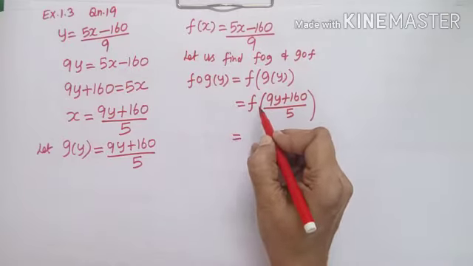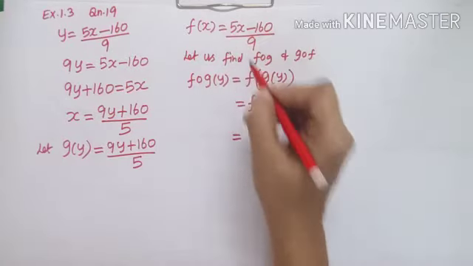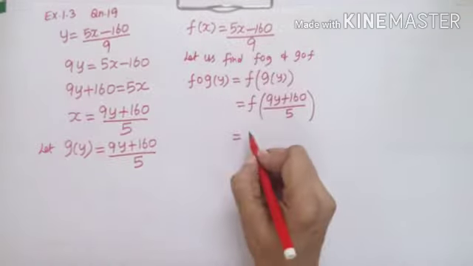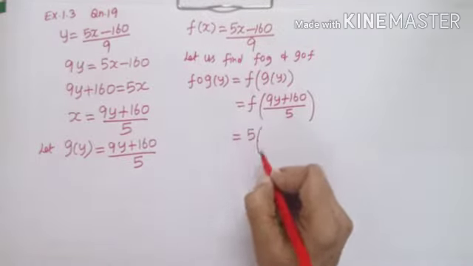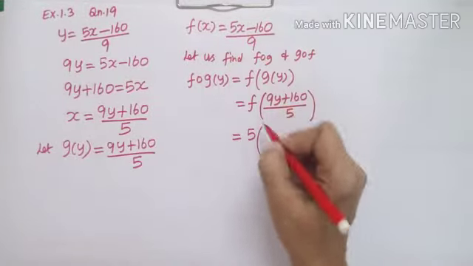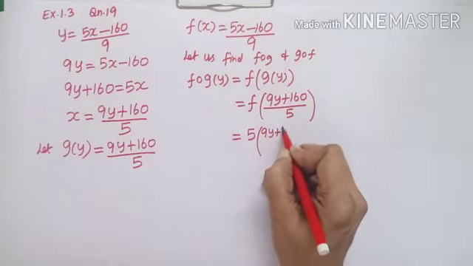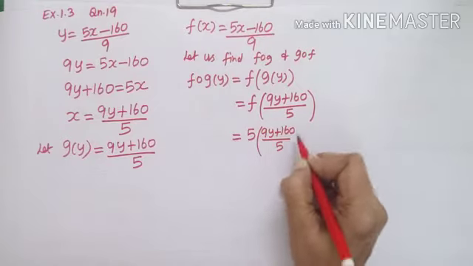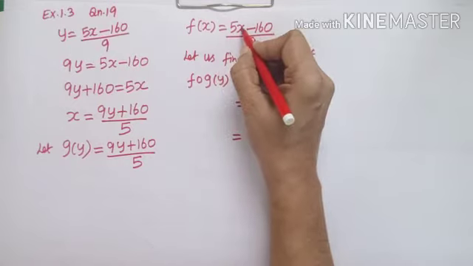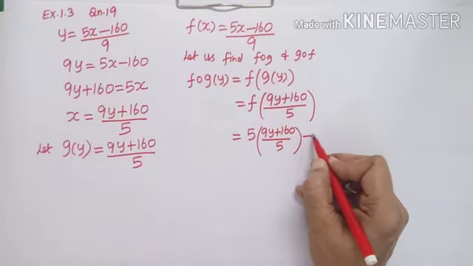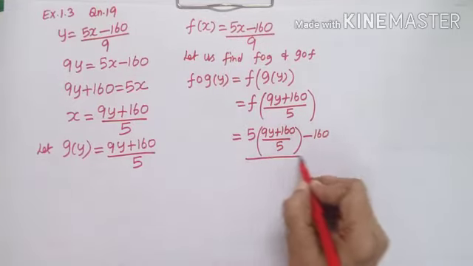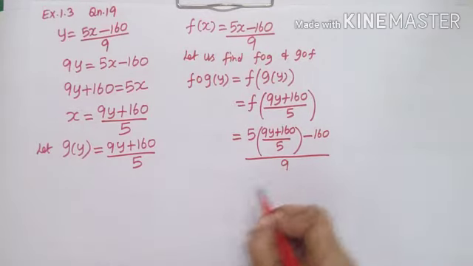What is f actually? (5x minus 160) by 9. So 5 in the place of x, put this bracket, (9y plus 160) by 5. 5 into x place we are putting this, minus 160, divided by 9.